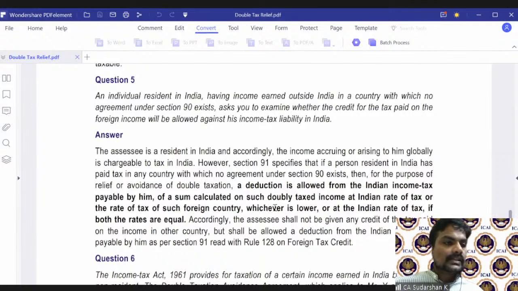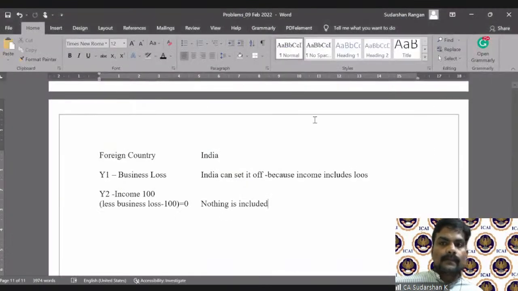I did see some questions. For example, Kaushini has raised the question: country N does not permit set off of business loss, but in the answer it is deducted. See, Kaushini, that is what I had mentioned. The question says that the foreign country does not permit set off with any other head of income. Look at this situation.